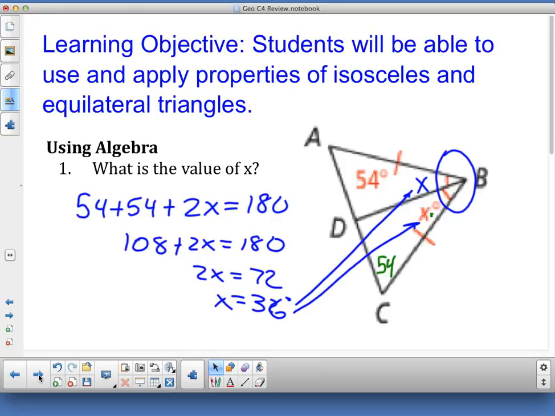Johnny, question? I said 54 plus 90 plus x equals 180. We don't know that this is 90. So we can't make the assumption it's a right triangle. It's not marked. And as we finished out, we can now prove that ADB is 90 because of the values.